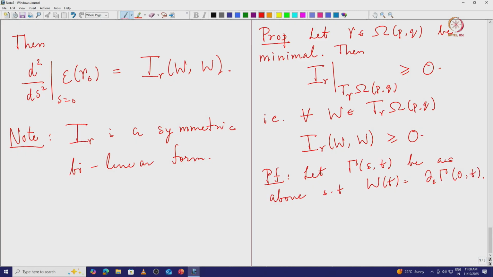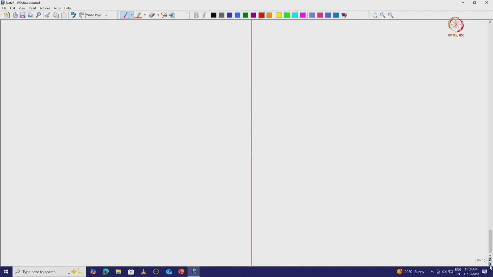Okay, so by Cauchy-Schwarz I have the following inequality: if you take the energy of these gamma s's, then that is bigger than or equal to 1 by 2 times b minus a times the length of gamma s squared.